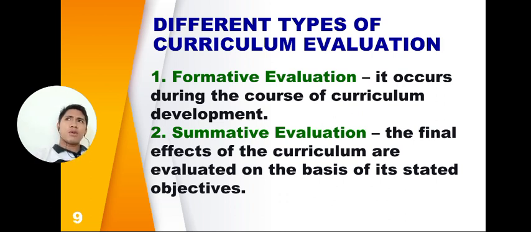Formative evaluation is something like formative assessment, no? Giving assessment to the students before the class, during the class, and after the class. While summative evaluation, or summative assessment itself, can be given after the quarter, quarterly, no?